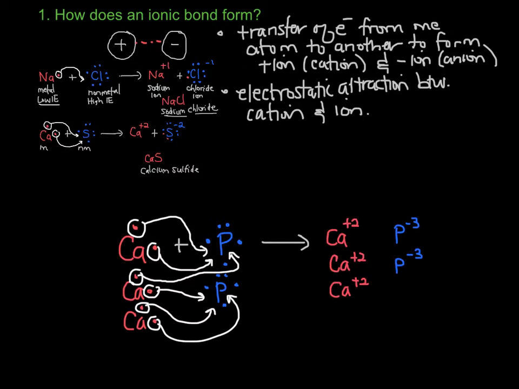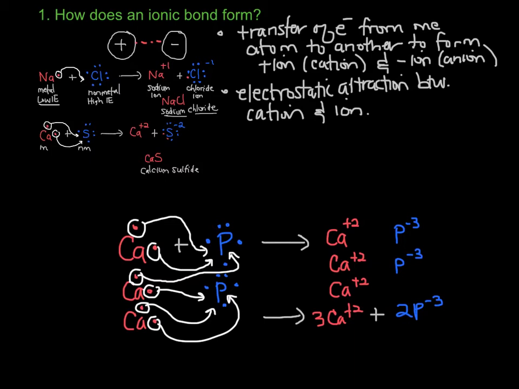So in this case, you had 3 calcium atoms giving up their electrons to 2 phosphoruses. So you end up with 3 calcium ions and 2 phosphorus ions. So another way to write that is 3 calcium ions to 2 phosphorus or phosphide ions.